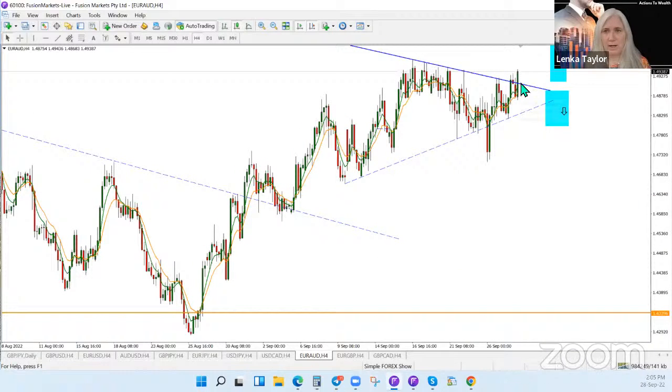So we need to wait and see after this bar closes to see if we are going to have price action continue upwards and retest from the top, then we would be going long. Otherwise, if that price comes back or it's a false break with a retest, then we would be looking for short opportunities.